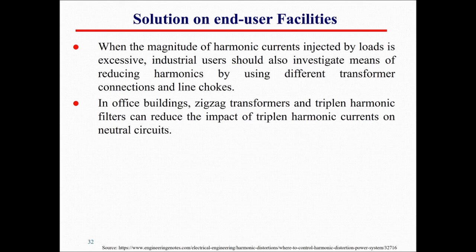When the magnitude of harmonic current injected by the load is excessive, industrial users should also investigate means of reducing harmonics by using different transformer connections and line chokes. In office buildings, zigzag transformers and triplen harmonic filters can reduce the impact of triplen harmonic current on the neutral circuit.